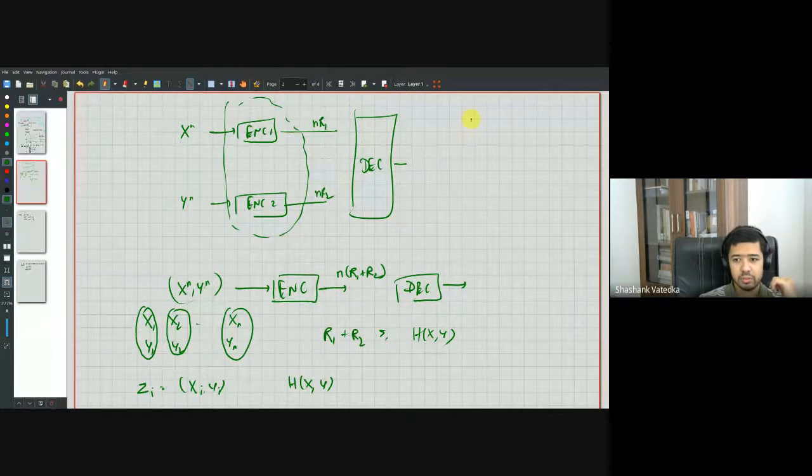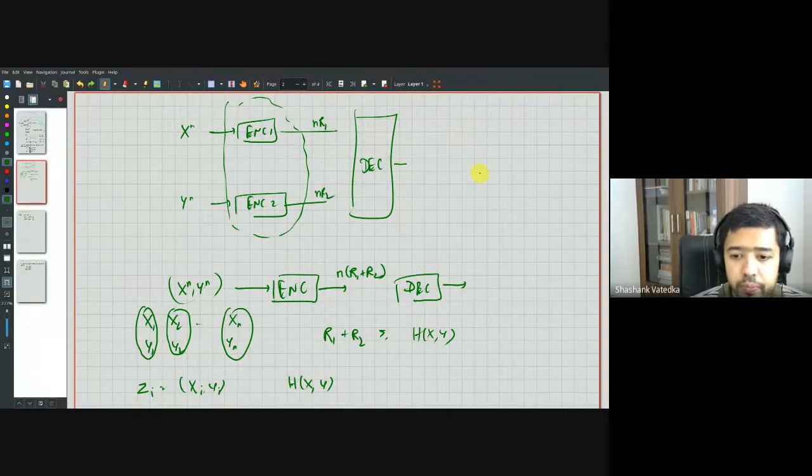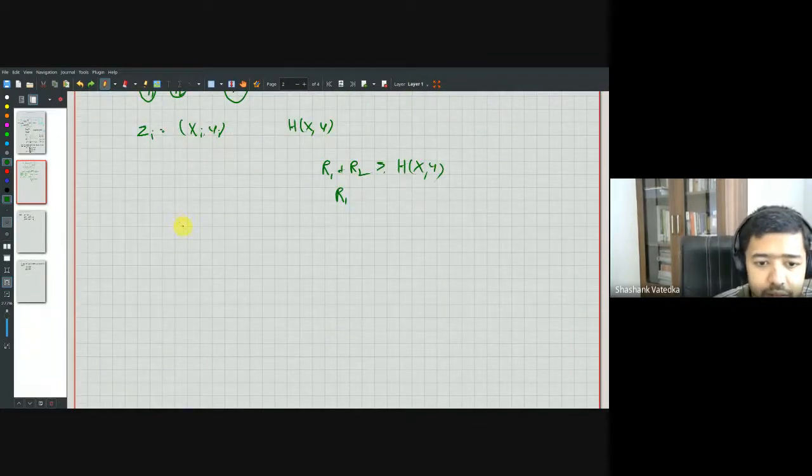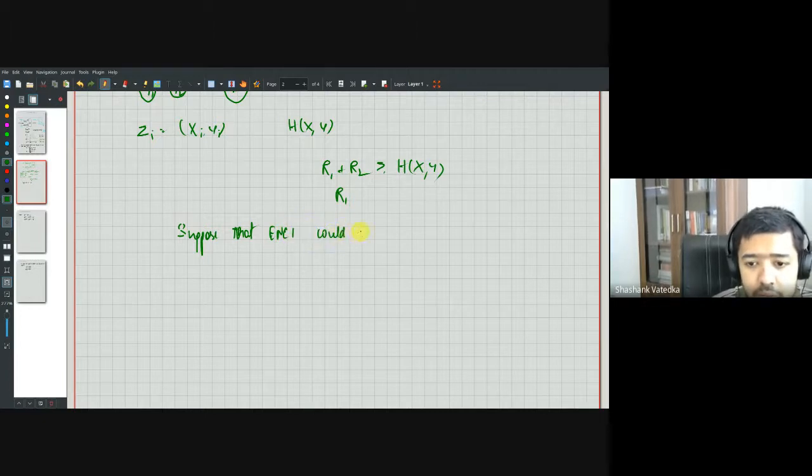So suppose that encoder 1 could compress xn by knowing yn.